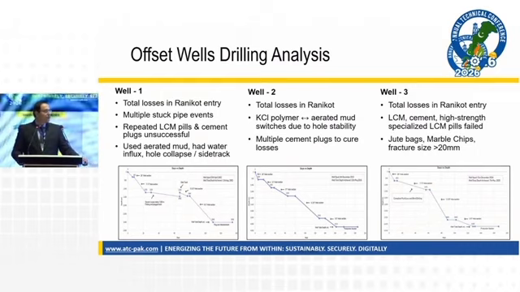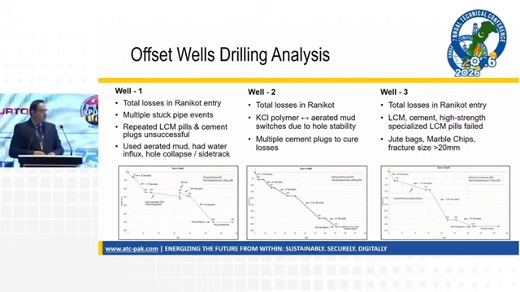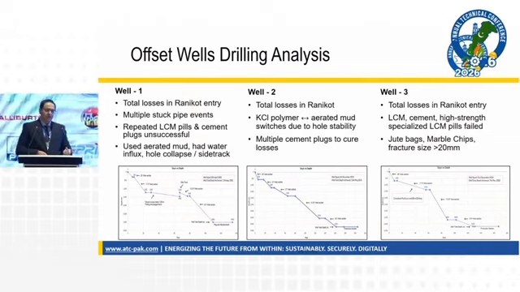They were performing very well. But in the real scenario, no LCM was working. So after the aggressive approach, we arranged jute bags, marble chips, and big limestone pieces. We pumped them through the hole, but none was successful. So it looked like the fracture might be more than 20 mm, maybe 1 foot.